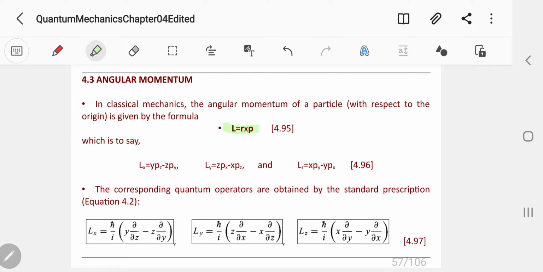So L in classical mechanics is just equal to r cross p. This is a special vector product.